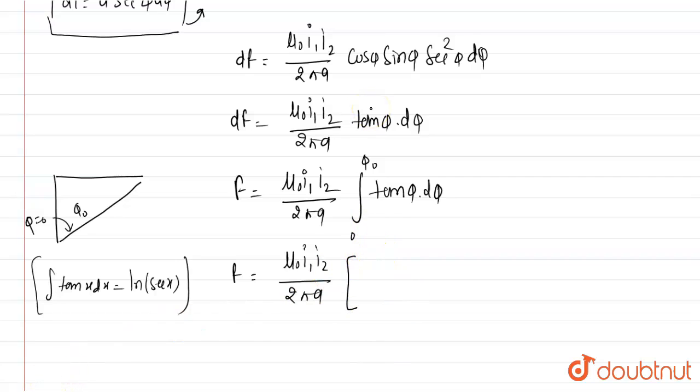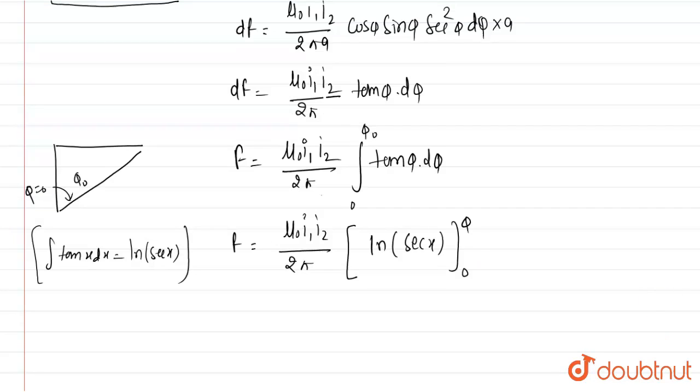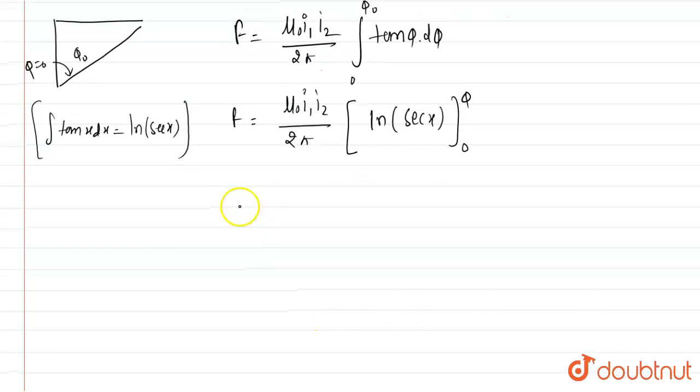One more thing we missed here: the value of a will be multiplied and remove the a in the denominator. So we get ln sec phi with limit 0 to phi naught. Sec 0 is equal to 1, and ln 1 is 0.